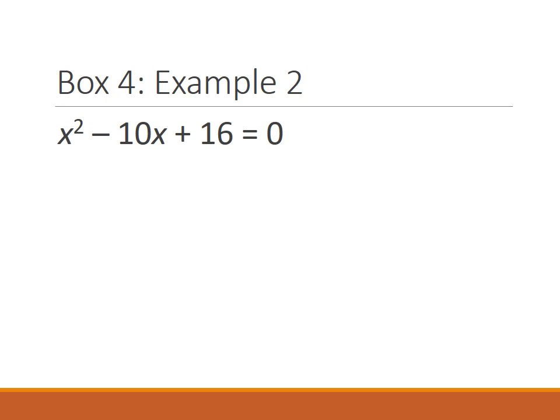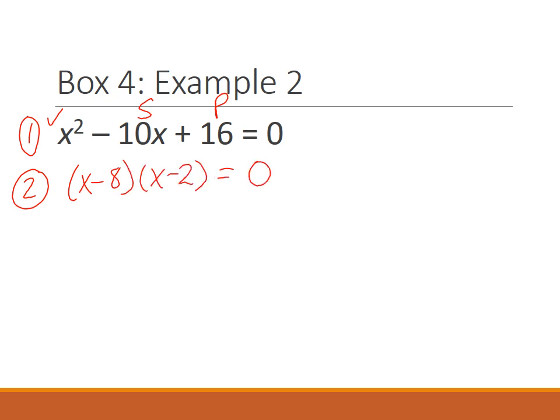So step 1, standard form check. Step 2, my product is 16, my sum is negative 10, so x minus 8 and x minus 2 equals 0. So the zero product property tells me I'm going to take x minus 8 and set it equal to 0, and I'm going to take x minus 2 and set it equal to 0.